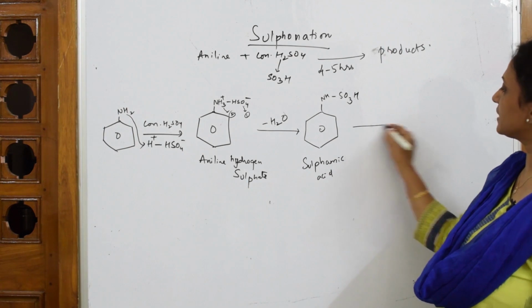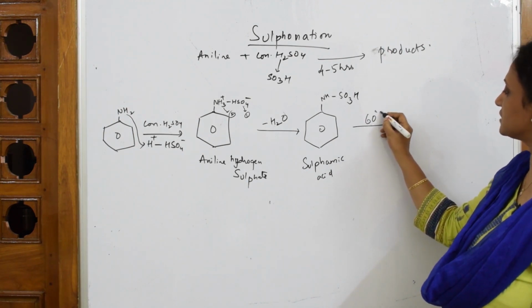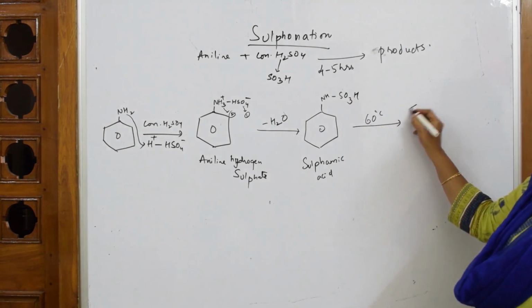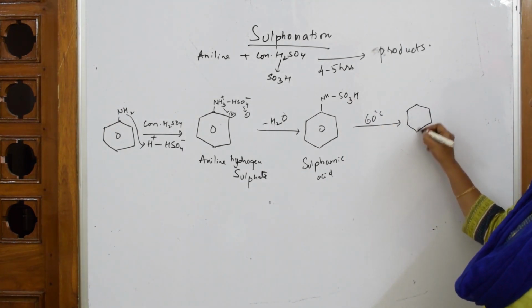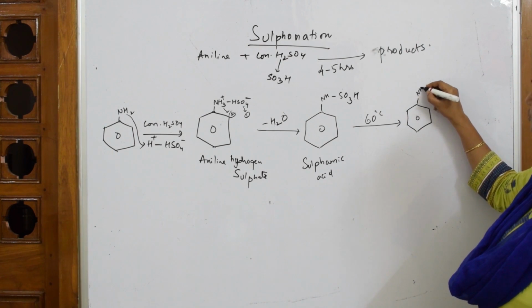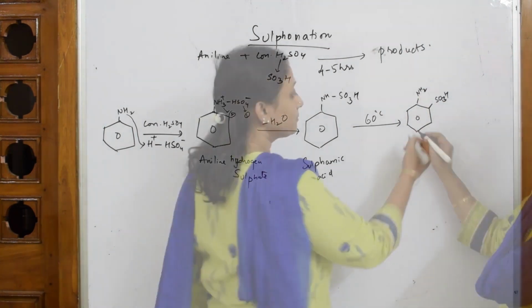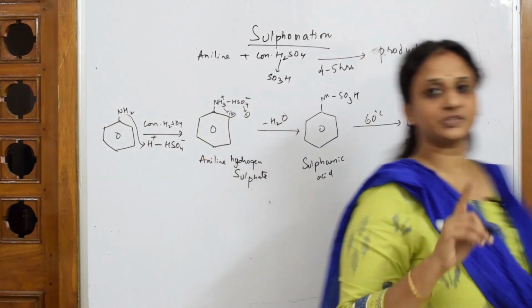Now to this sulfamic acid, I'm going to heat it to 60 degrees centigrade. Then there's a shift of the S-N bond and you get NH2 and SO3H at the ortho position. We have got ortho-amino benzene sulfonic acid.